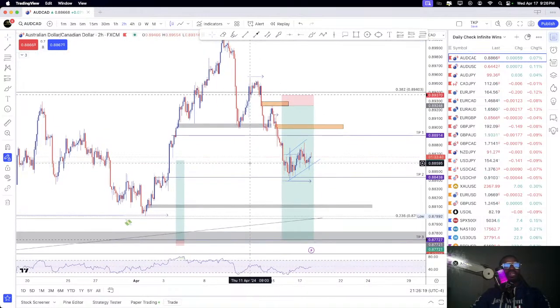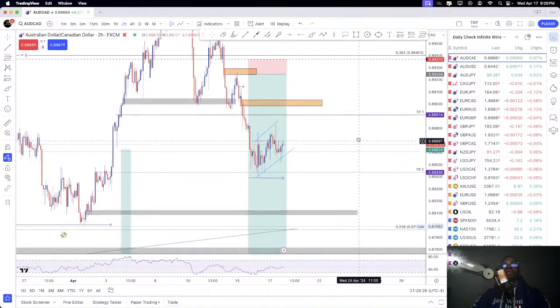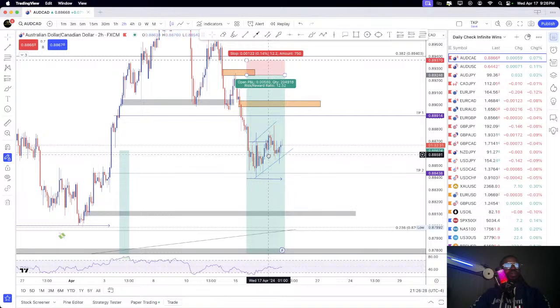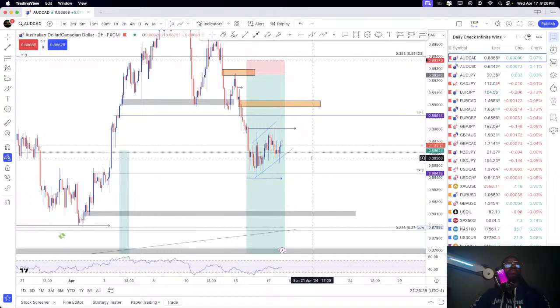All right, so we're already in this AUD CAD setup. We got news dropping in 3 minutes. Let's see if it influences price at all. Pretty much it's been traveling within range.